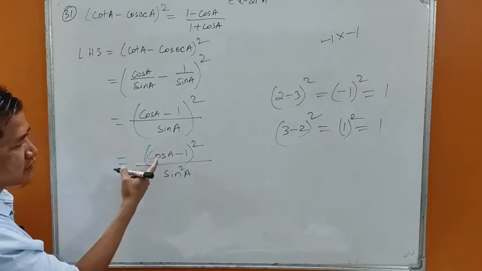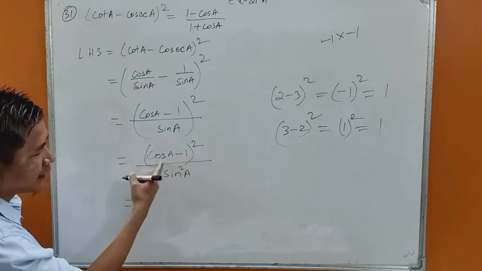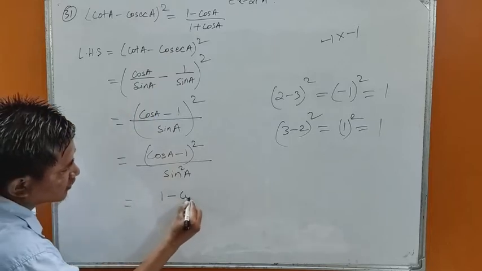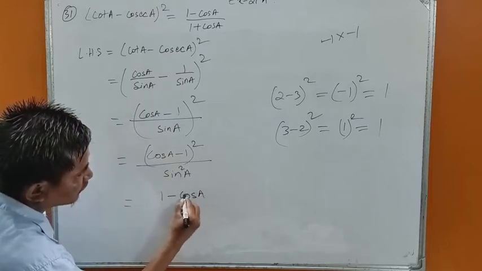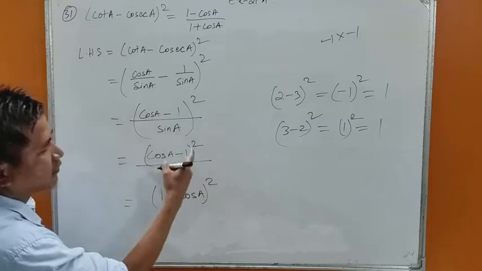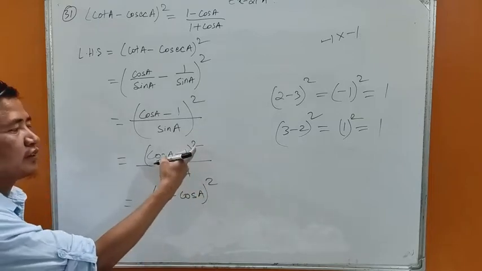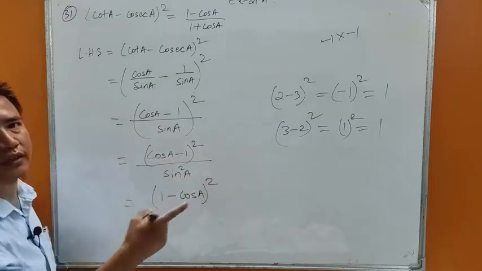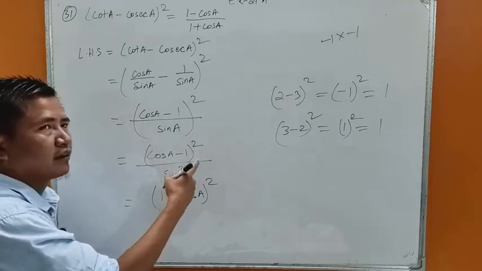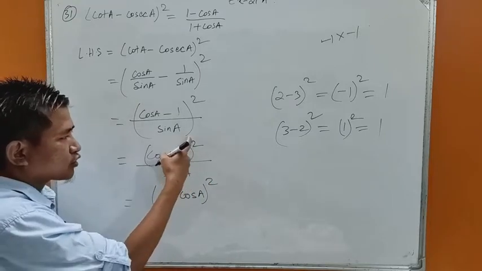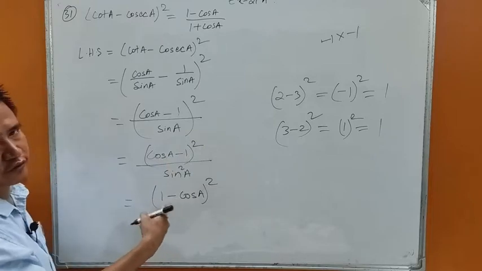That means here we have cos a minus 1. I can write this as 1 minus cos a, because we have a square. If there is a cube, we cannot do this. If it is other than a square, we cannot do this. If there is no square also, we cannot do this.